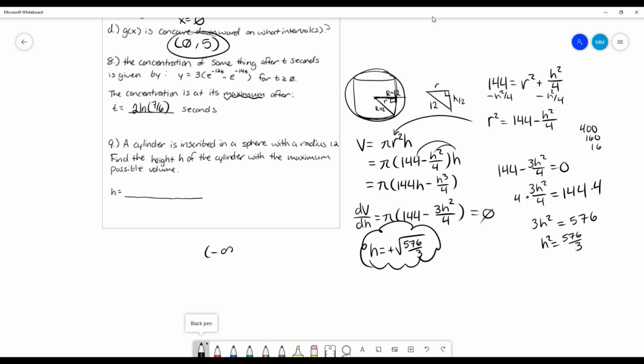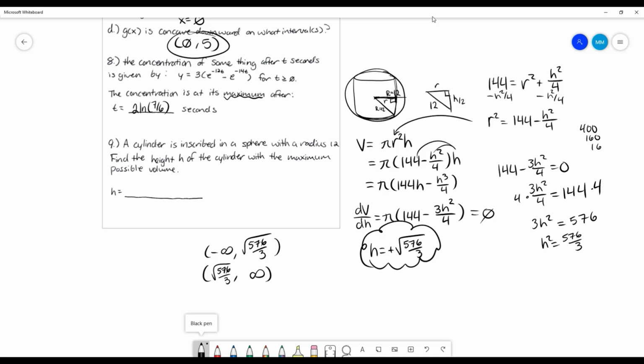So now we just have to make sure that that is the maximum. So let's take our interval, and we just make sure that it is increasing and then decreasing. So let's take our derivative here. We're just going to plug in a number bigger than that. How big is that number?